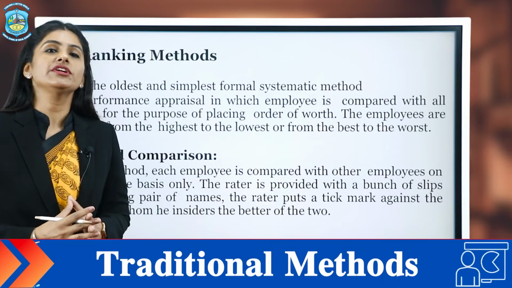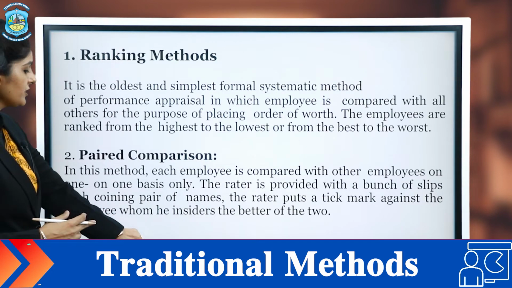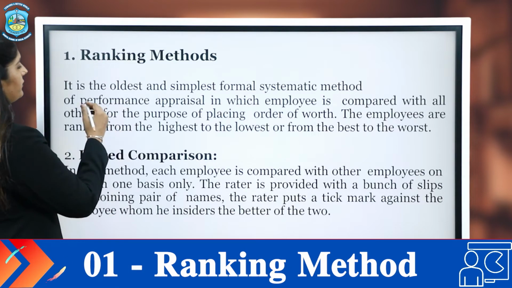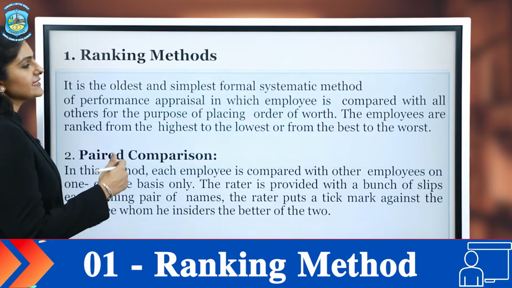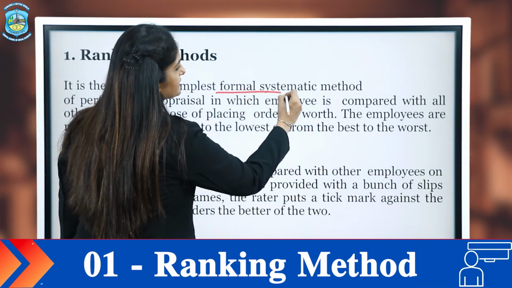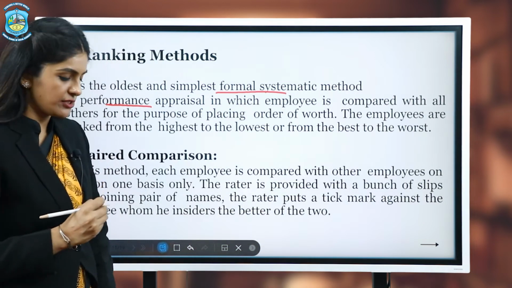Let's start with the traditional methods of performance appraisal. To begin with, the first one is the ranking method. The ranking method is said to be the oldest and simplest formal systematic method of appraising employees in the organization.